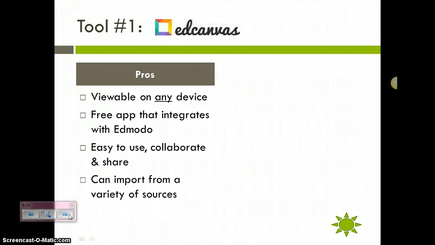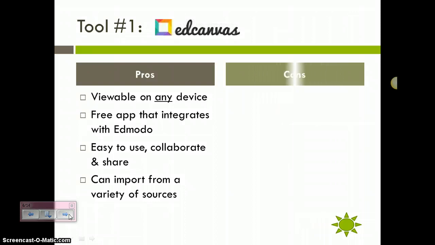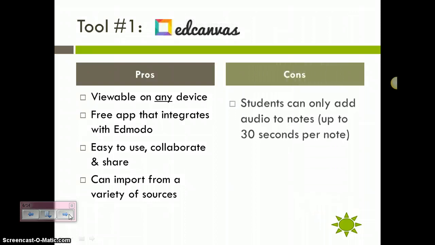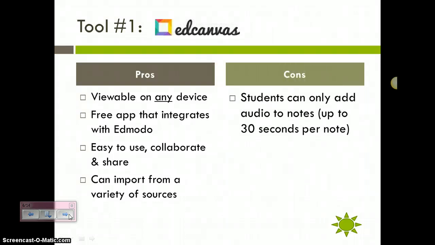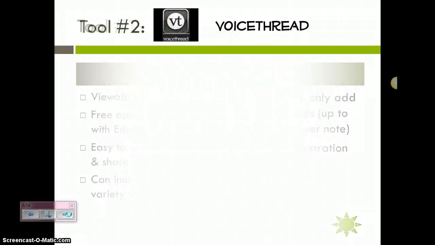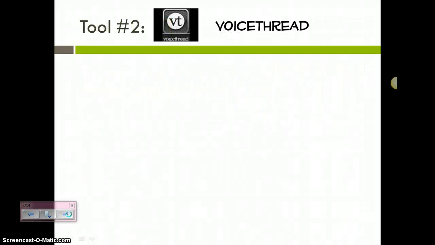And you can import from a variety of resources, including files, videos, etc. As far as any cons, only being able to record up to 30 seconds. So for language learners, this is good maybe for beginners, but could be a negative as they're more advanced learners. And it requires registration.